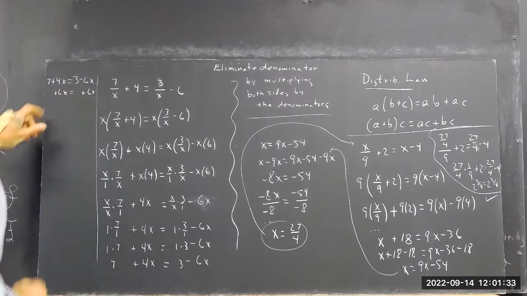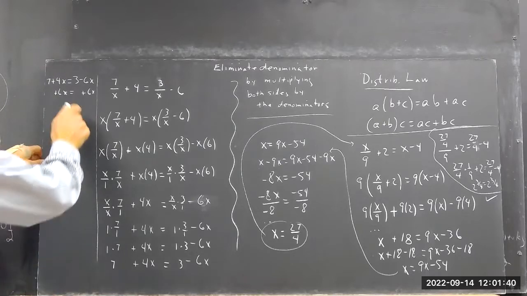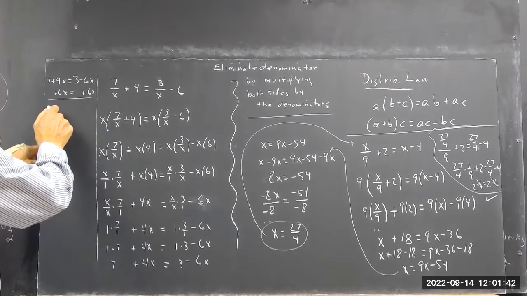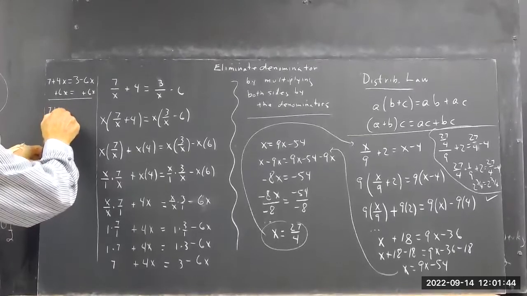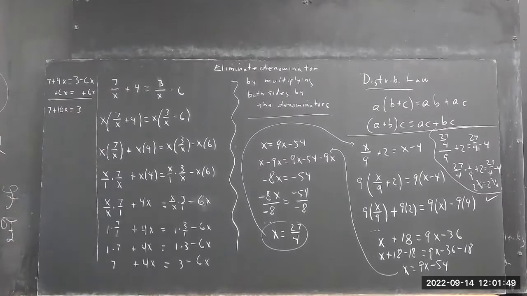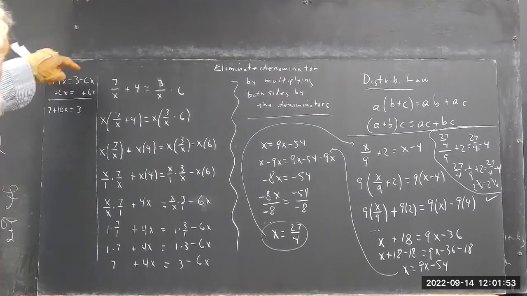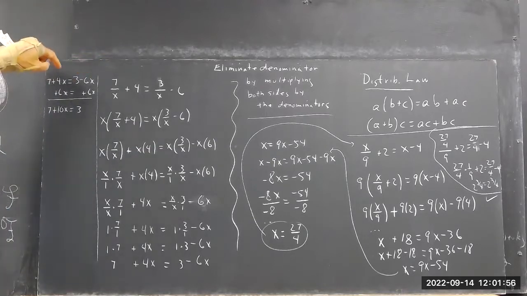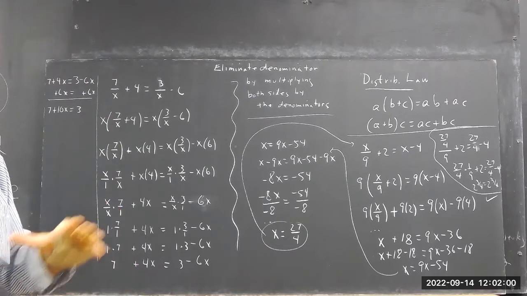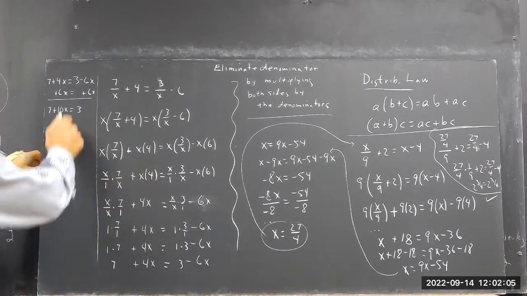I'm adding the equation 6x equals 6x to this equation. And that gives me 7 plus 10x equals 3. Now I would have written it out with the 3 minus 6x plus 6x and the 4x plus 6x. Usually I'll write it out like that because it uses less space, but you seem to do that, and that works.